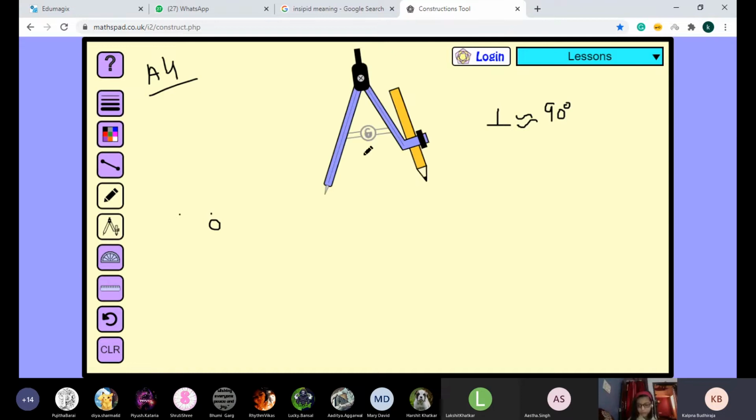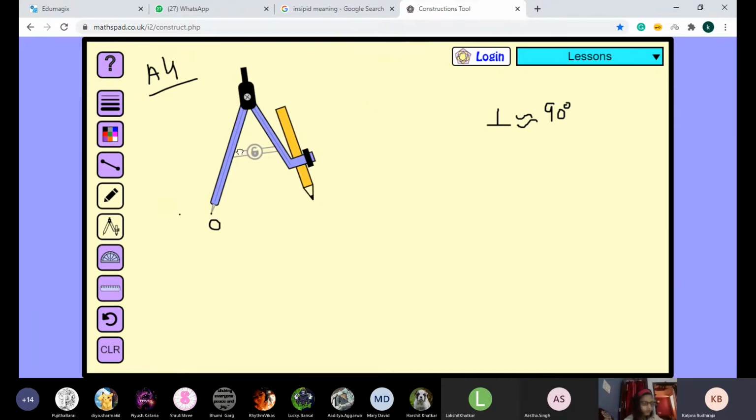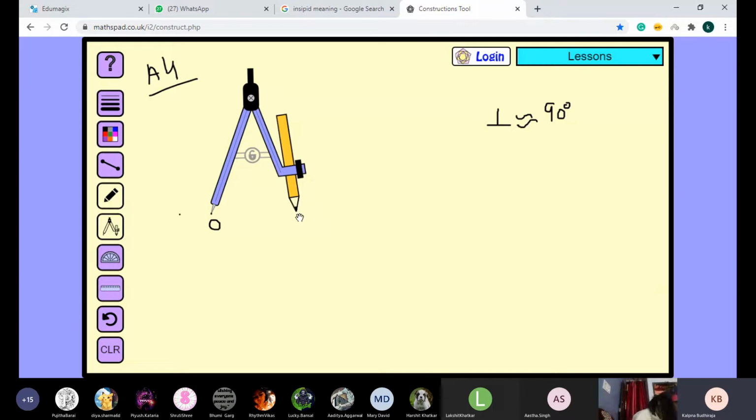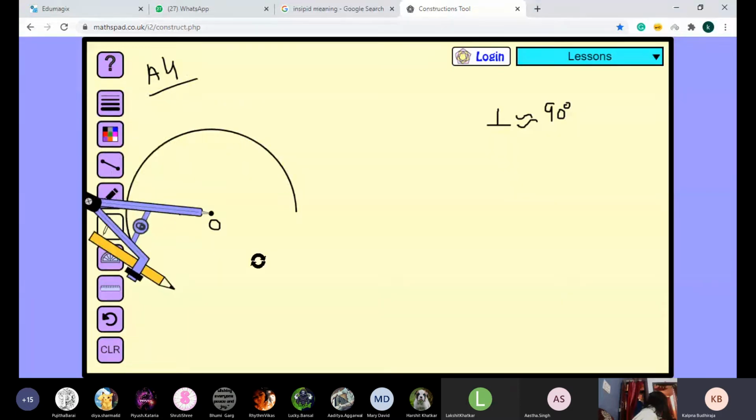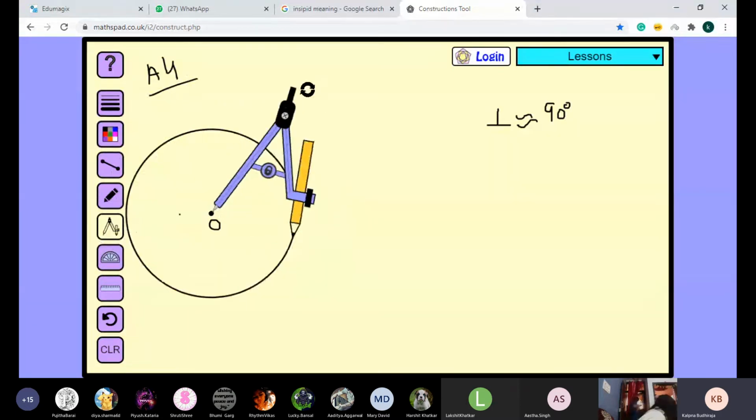I am taking my center as O. Keep your compass on that center. Take any measurement, 3 centimeter, 4 centimeter, 2.5 centimeter. Open your compass with any radius. Now I am making the circle out of it.